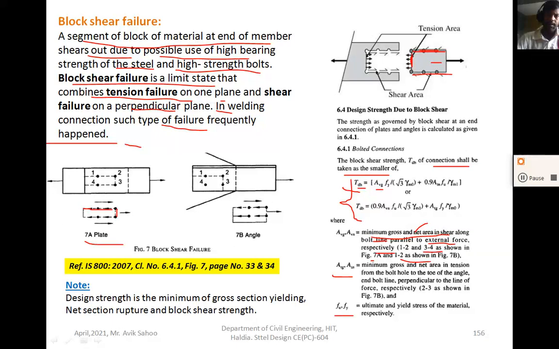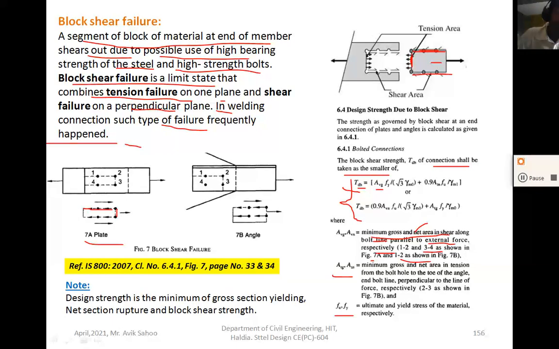And you see that due to block shear failure, one plane has the shear failure and another plane has the tensile failure. So the shear area and tensile area are used to find the design capacity of the bolt. So these are the shear area, and this portion is torn out due to block shear.